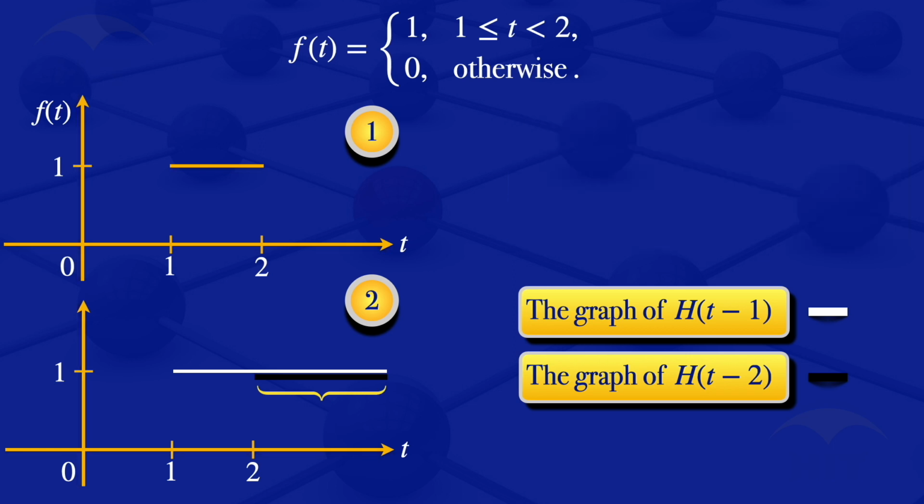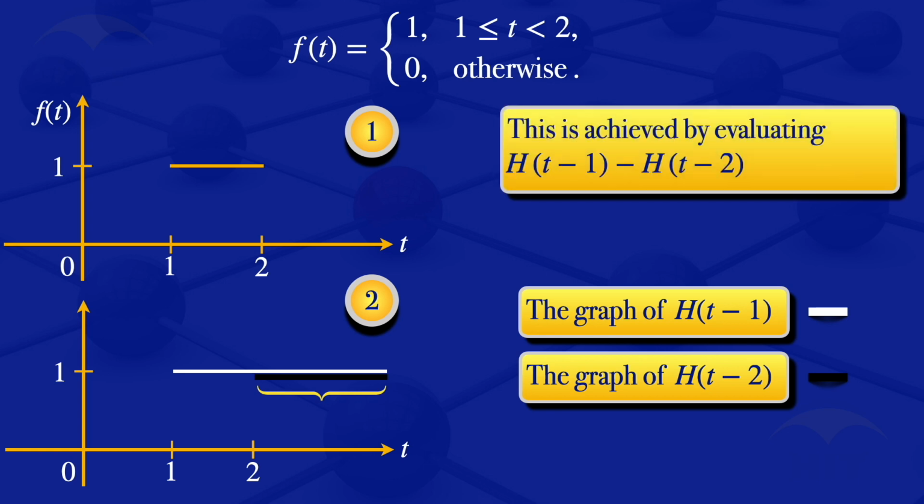So what we want is for it to be 0 on that part that I've highlighted. And to achieve that, we can subtract h(t minus 2) from h(t minus 1). If we subtract h(t minus 2) from h(t minus 1), we'll get a 0 there because it will be 1 minus 1. And when we do that, that part will be a 0, and we'll only be left with that part between 1 and 2, which will be a 1. And it will be the same as graph number 1.